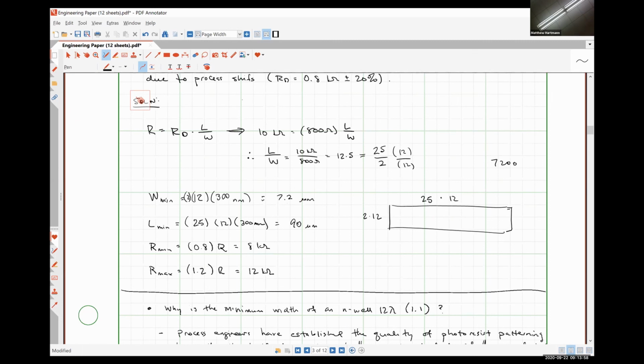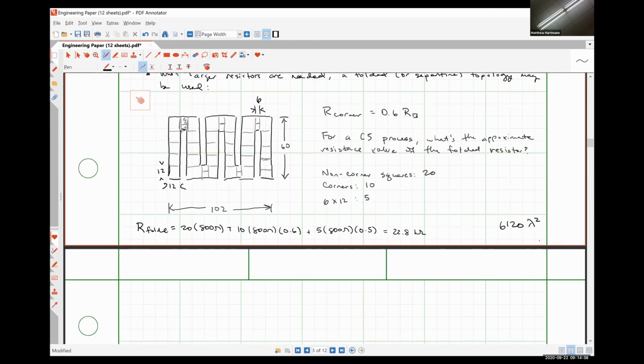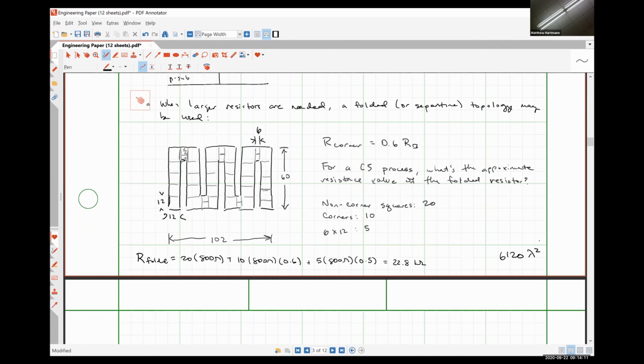So we have 7,200 lambda squared, and we get a resistance of 10 kilo ohms down here. We have 102 lambda by 60 lambda, and so we get over double the resistance for slightly less total surface area of our chip being used. So the serpentine pattern has minimized our footprint and actually lowered the amount of area that we need. So that is an interesting result. All right.